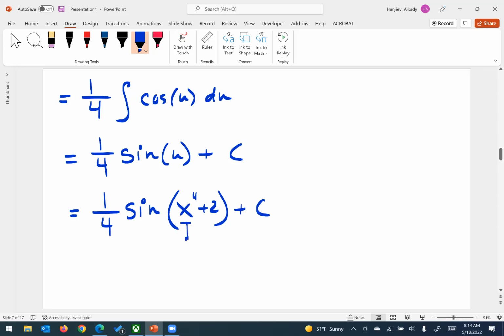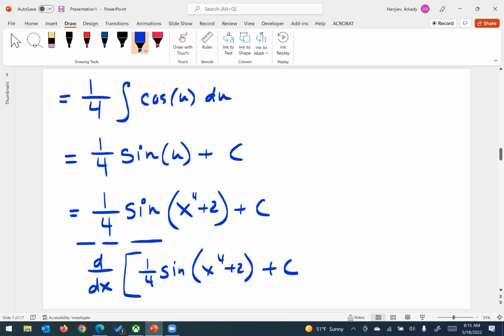But we didn't have a 4 in the beginning of it all, right? So that little extra 1/4 takes care of it so that we get exactly what we want out of it. Okay, so what we need to take a derivative of is 1/4 sine of x to the 4th plus 2 plus c, and the derivative of c will be 0 anyways.